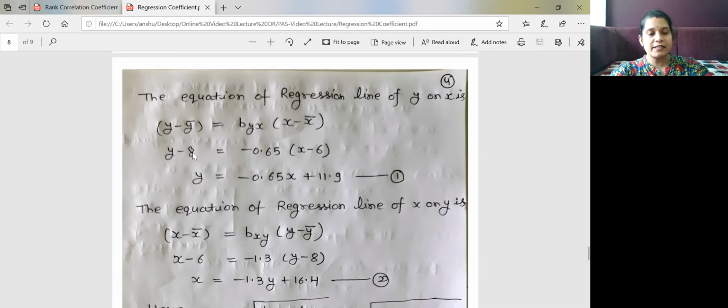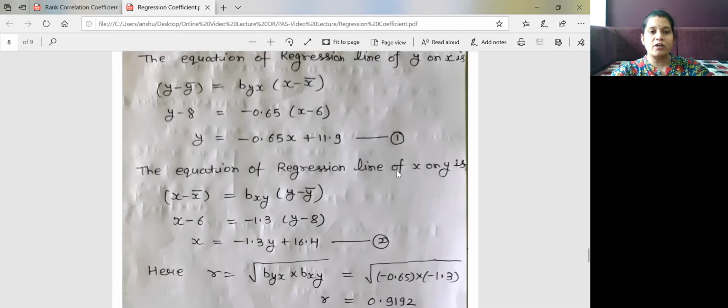Y minus 8, because y bar is equal to 8, is equal to minus 0.65 into x minus x bar. X bar is equal to 6. So here y is equal to minus 0.65 into bracket x minus 6, plus 11.9. So this is our first equation, the regression line of y on x.